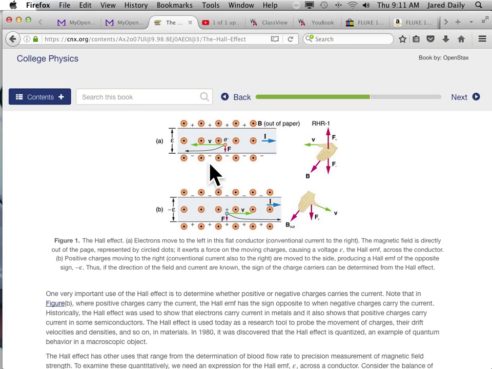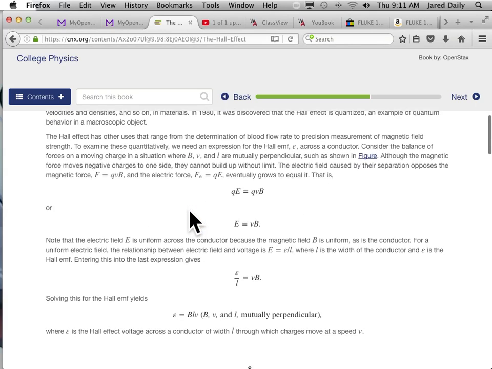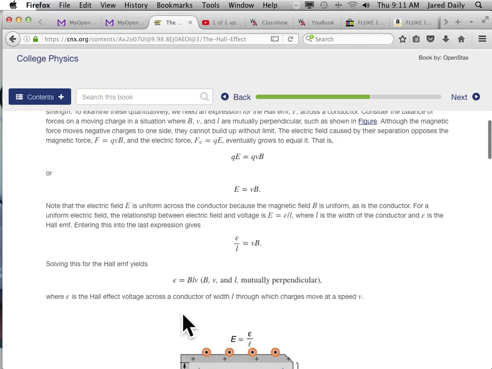And so it actually creates a voltage in the material, and that's how you guys were detecting magnetic fields yesterday, is that device is actually a Hall effect device that measures the potential difference across a material when it's put in a magnetic field. And that potential difference can be calculated using this equation right here.